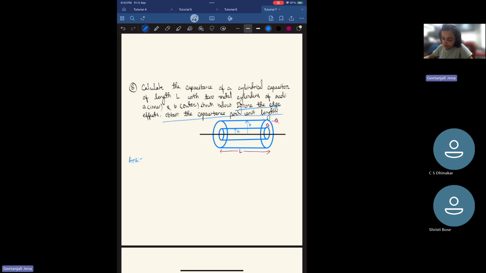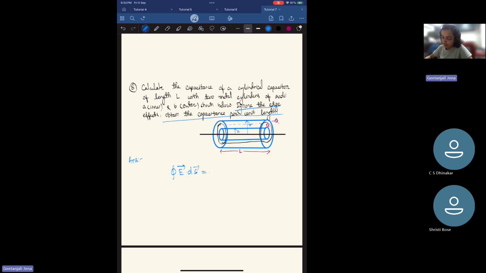For the electric field, you can use Gauss's law. It's E dot ds equals Q enclosed for the inner surface. So we are considering a region in between the two cylinders.